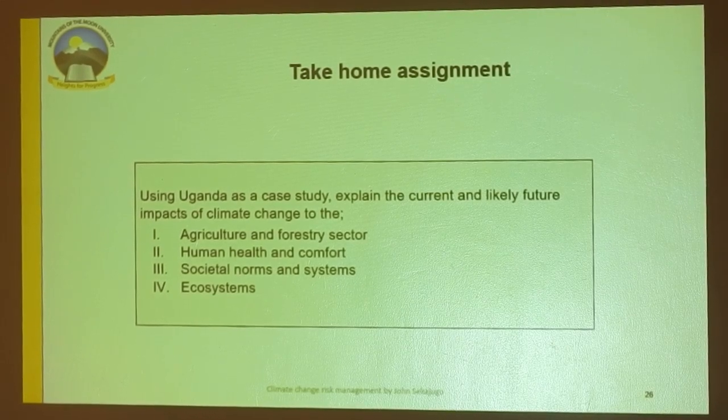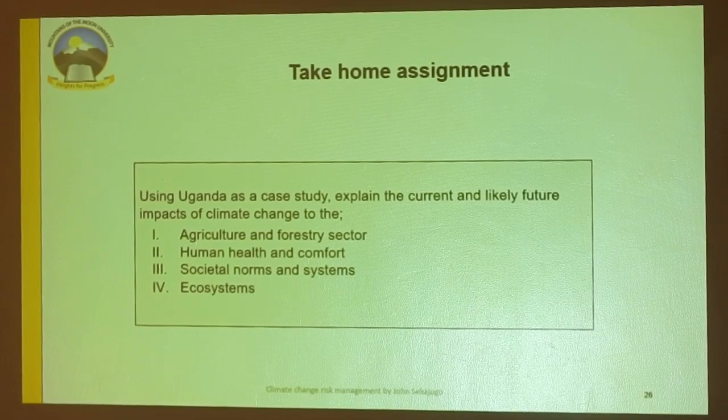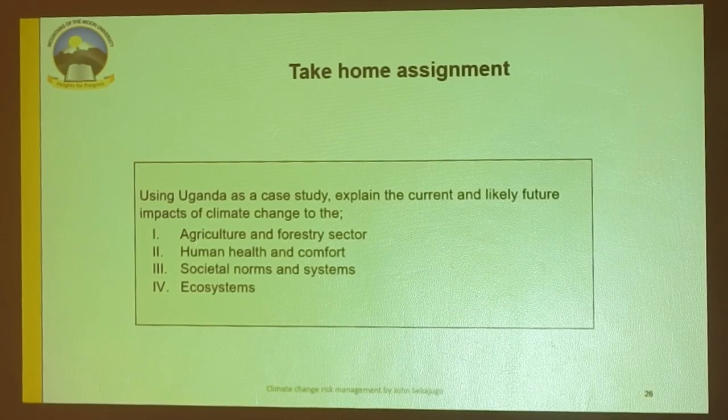So from those, I want to conclude this video with an assignment, again, where I would like you to think about some of the impacts, but also discuss among yourselves using Uganda as a case study again. You explain the current and likely future impacts of climate change to the different sectors. And the sectors I talk about are the agriculture and forestry sector.